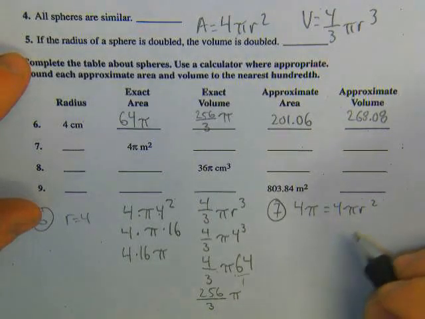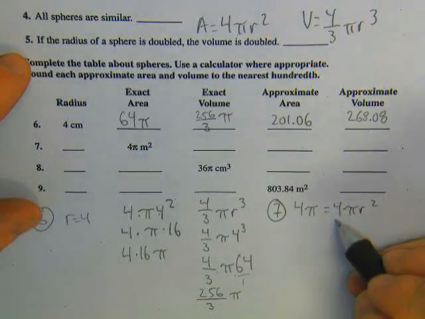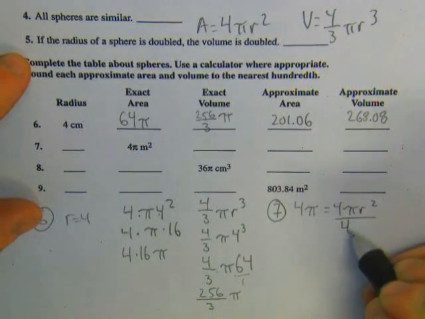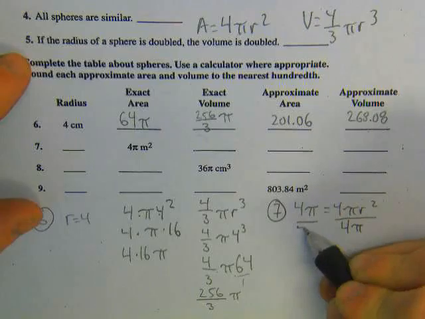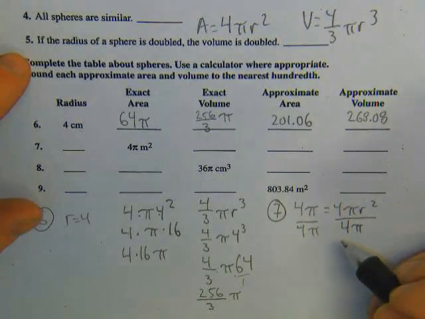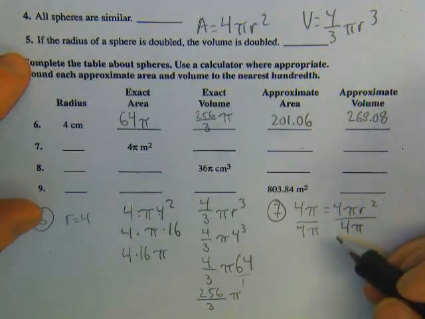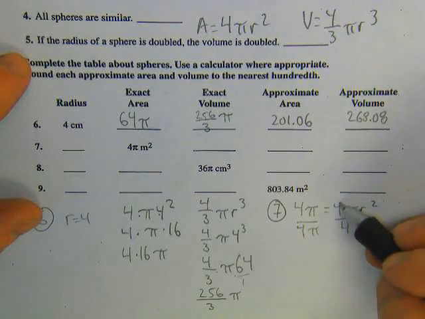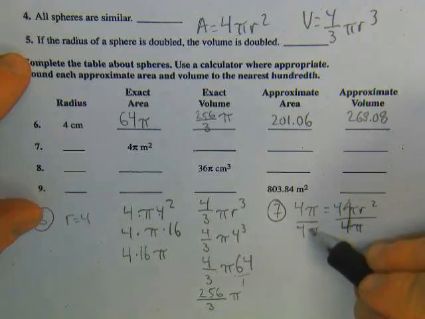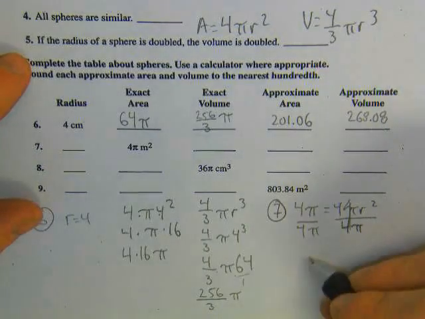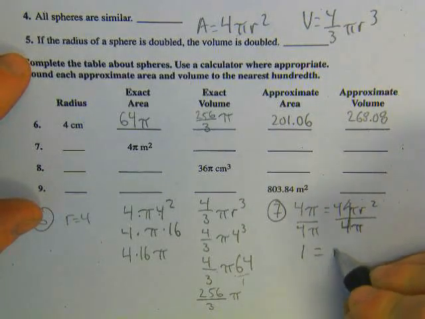We want to isolate the r, so we're going to use some of the golden rules of algebra, and one of those golden rules is to hunt zeros and ones. So I'm going to hunt a 1 here, and another golden rule of algebra, if thou shalt do it to one side, thou shalt do it to the other. So this cancels and becomes 1, and the same thing over here, 4 pi over 4 pi is 1. So now I've got 1 equals r squared.